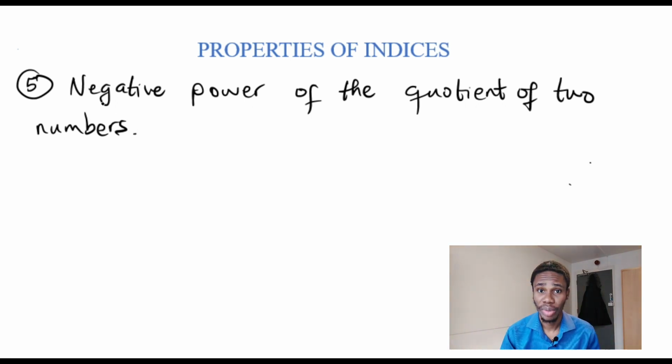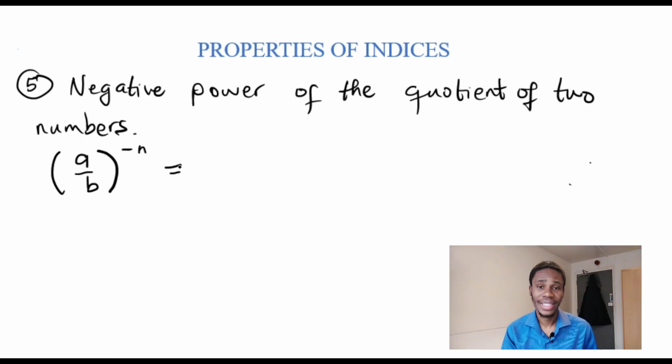Using our variables, we have our quotient, which is a divided by b, raised to the power our negative index, which is minus n. What this negative power property says is that this can be rewritten as b divided by a all raised to the power the positive index.